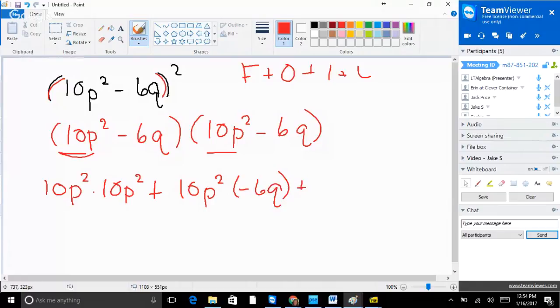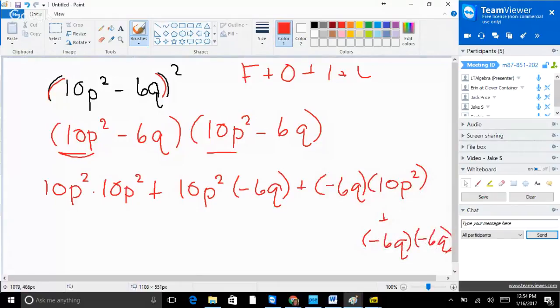Our inside is going to be negative 6q times 10p squared. I'm going to run out of space. And our last is going to be negative 6q times negative 6q. Sorry that I totally ran out of space. I'm going to switch colors just so you know that this is the next line.